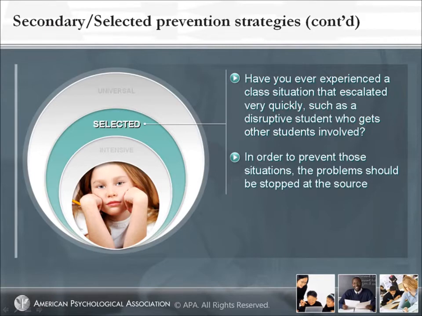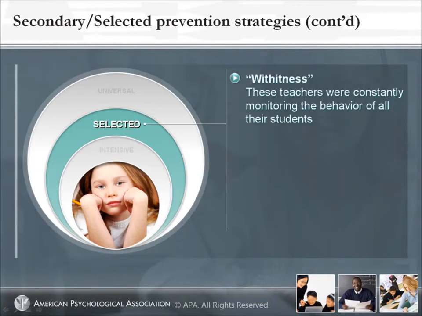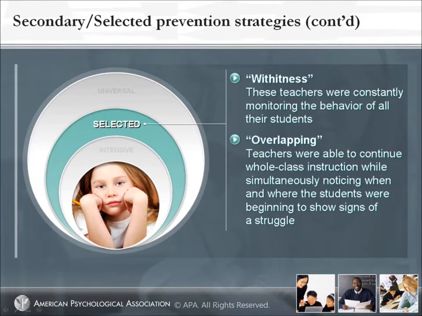Kunin used the term with-itness to describe teachers that had a hypersensitive awareness of what was going on in their classrooms. These teachers were constantly monitoring the behavior of all of their students. Overlapping, or doing two things at once while teaching, was another behavior that was characteristic of those teachers with the fewest behavior problems.